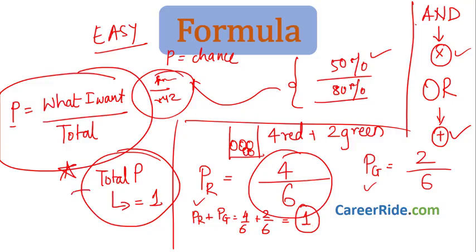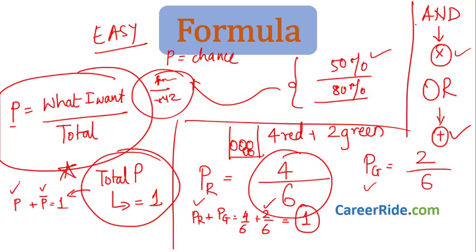So this can also be written as probability of an event happening, okay, plus probability of the event not happening would be equal to 1, right? This is the total probability. Probability of selecting a red ball, okay, and probability of not selecting the red ball. There are only 2 types, red and green. Selecting the green ball means you are not selecting the red ball.